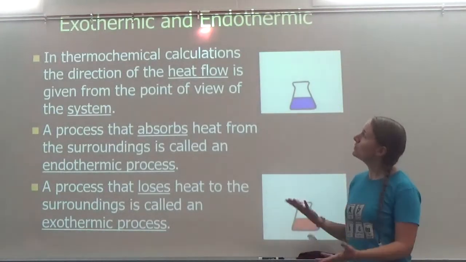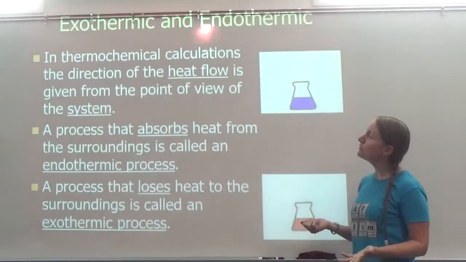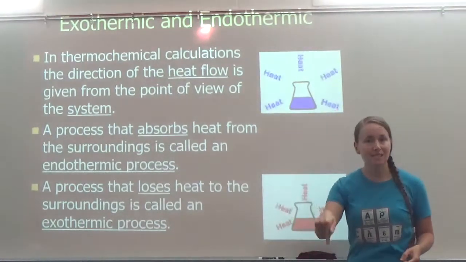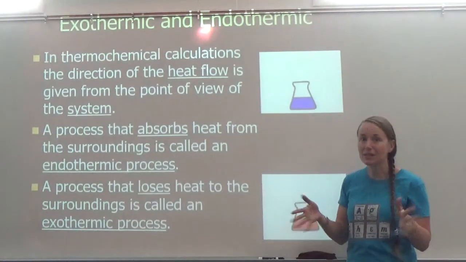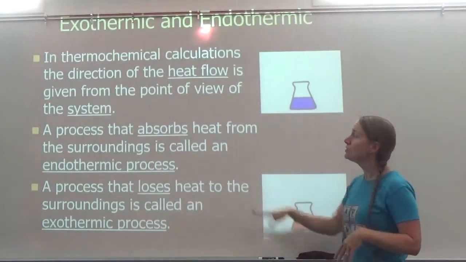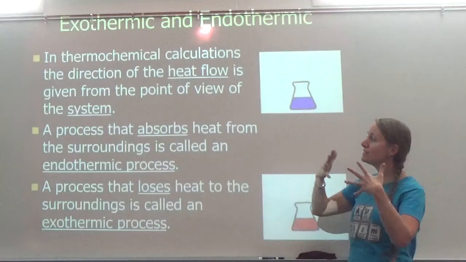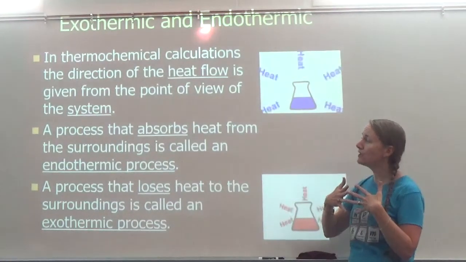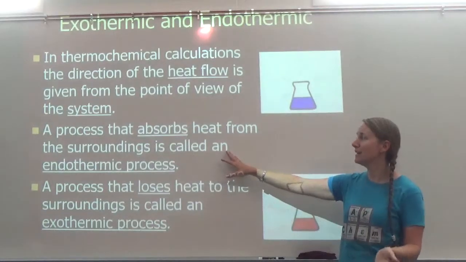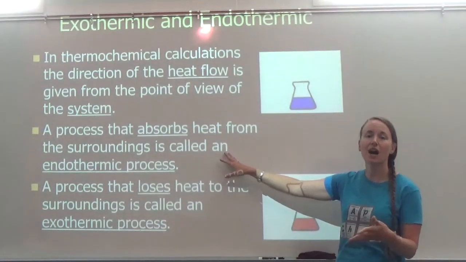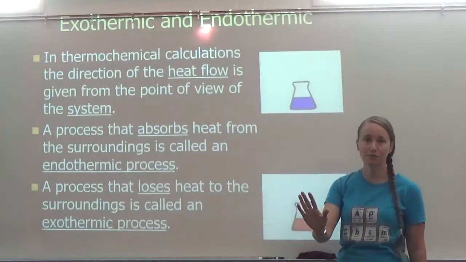So in thermochemical calculations, the direction of heat flow is given from the point of view of the system. That's the reaction, so not you. It doesn't matter what you think is happening, it's what's happening in the system. So a process that absorbs heat from the surroundings is called an endothermic process. So you may think, well, if it's endothermic and it's absorbing heat, it must get hotter, so if I touch it, it's going to feel hot.